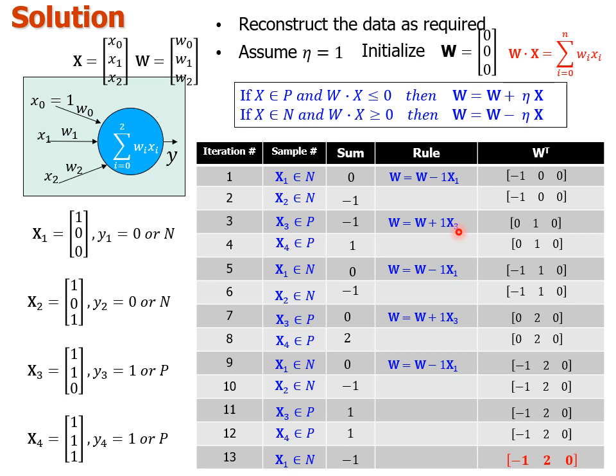Thus the final weight vector that we have got after learning this perceptron is minus 1, 2, 0, and this is the objective of our perceptron learning algorithm, to find out this weight vector that actually defines this perceptron model. Now using this weight vector, we are supposed to find out the decision boundary.